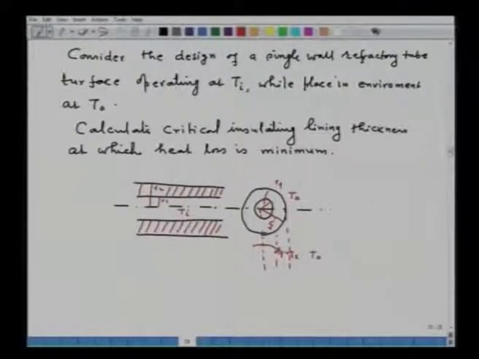This is the Hi, and here is the H0, they are the respective heat transfer coefficients. So, here the environment temperature is given as T0. So, let us see how we get this concept of critical insulating thickness.